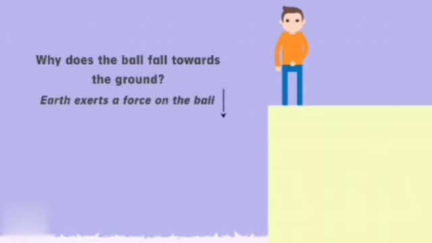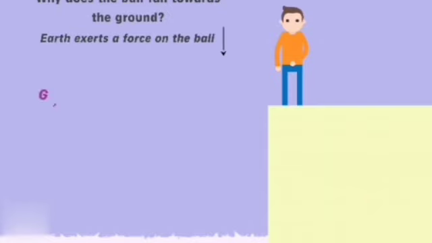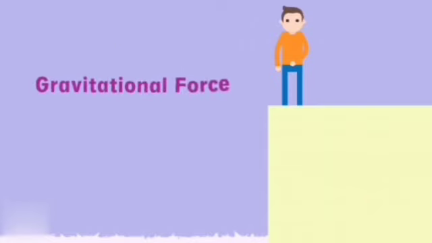The earth always pulls the objects towards it. This force that the earth exerts on an object is called the gravitational force. This force is attractive in nature. That is, it attracts two objects towards each other.